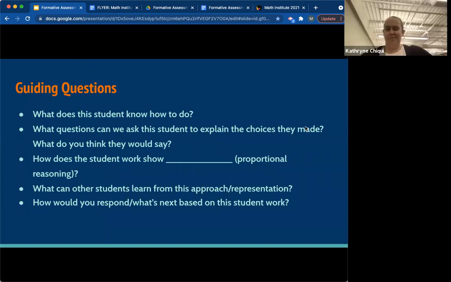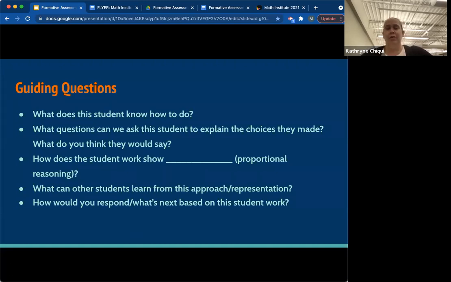Thank you, Mark. So just a few notes to consider about these questions before we put you into rooms. These questions are going to be used as a guiding framework, and they can be used for pretty much anything mathematical. We have one of the questions tailored more towards proportional reasoning, but it starts off with considering, what do students know how to do already?